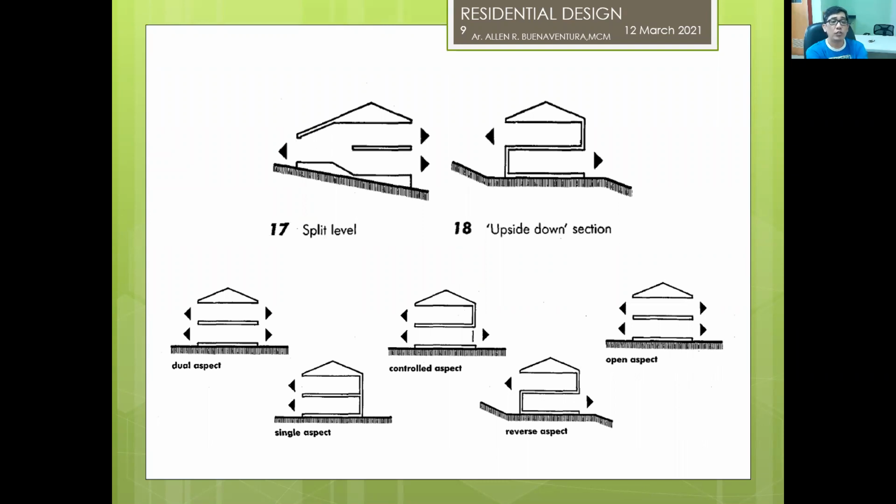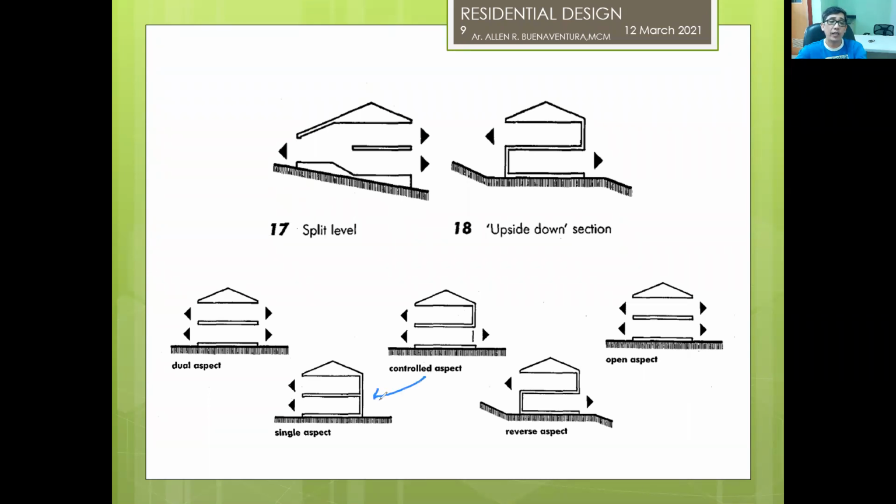As you can see in the usual solution, we have the flat terrain. This is the ground floor, and this is the first floor and the second floor. So there will be openings on both sides. You can also do this type of design if there is direct sunlight on this side.